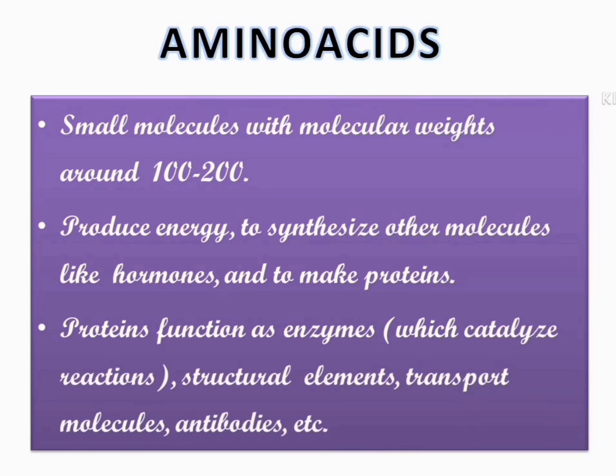Proteins are polymers of amino acids. They fold into specific shapes and range in molecular weight from several thousand to over a million. Proteins function as enzymes which catalyze reactions, structural elements, transport molecules, antibodies, etc.